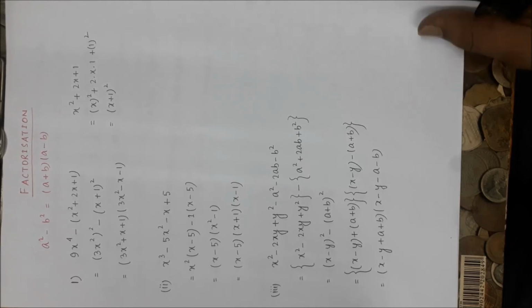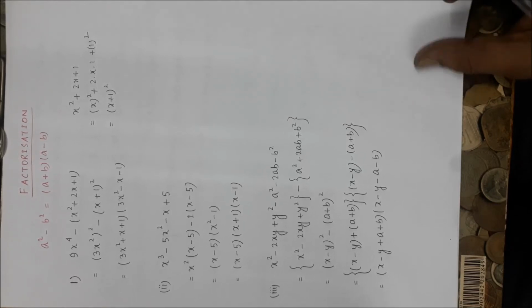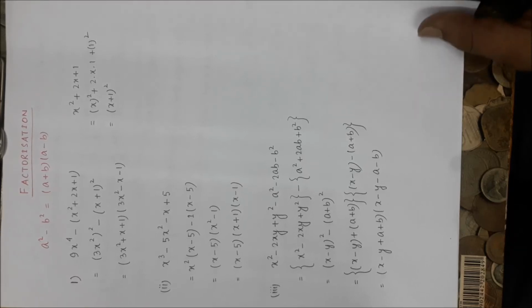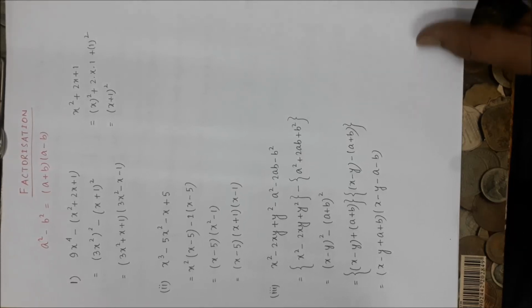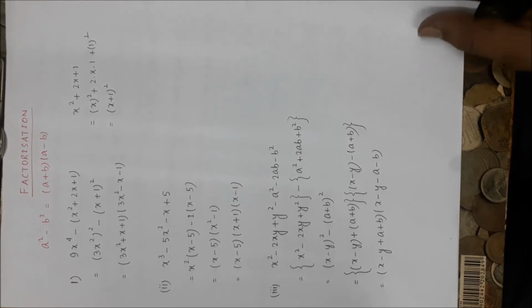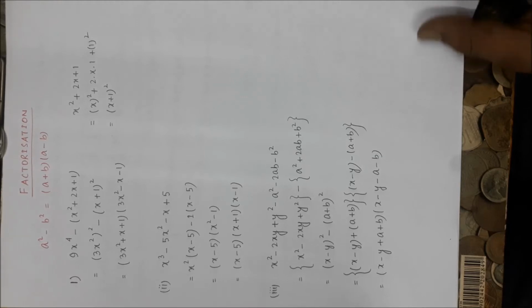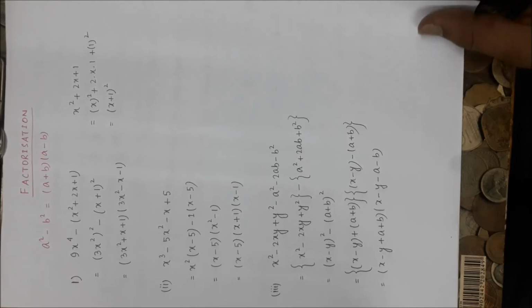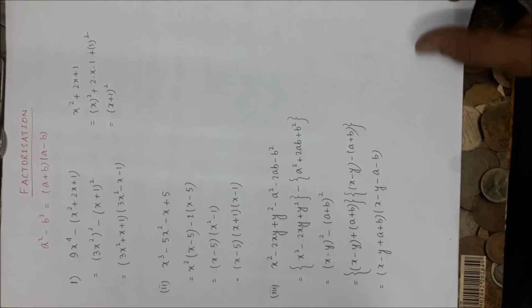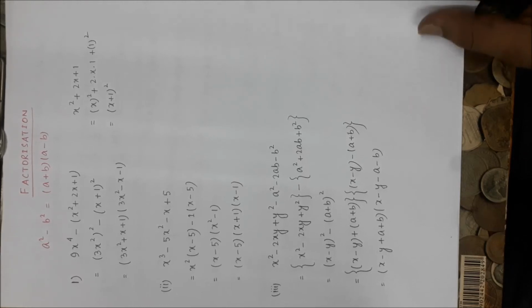So 9 is the square of 3, and x square plus 1 by x square minus 2, if you arrange this, you can write square of x plus square of 1 by x minus 2 into x into 1 by x. So this will be the formula a square plus b square minus 2ab, which is equal to square of x minus 1 by x, minus 3 square.